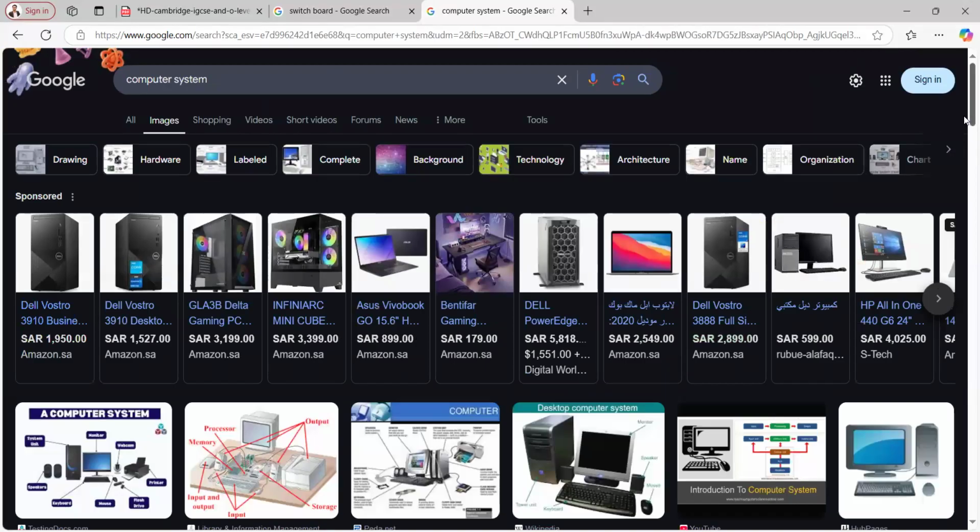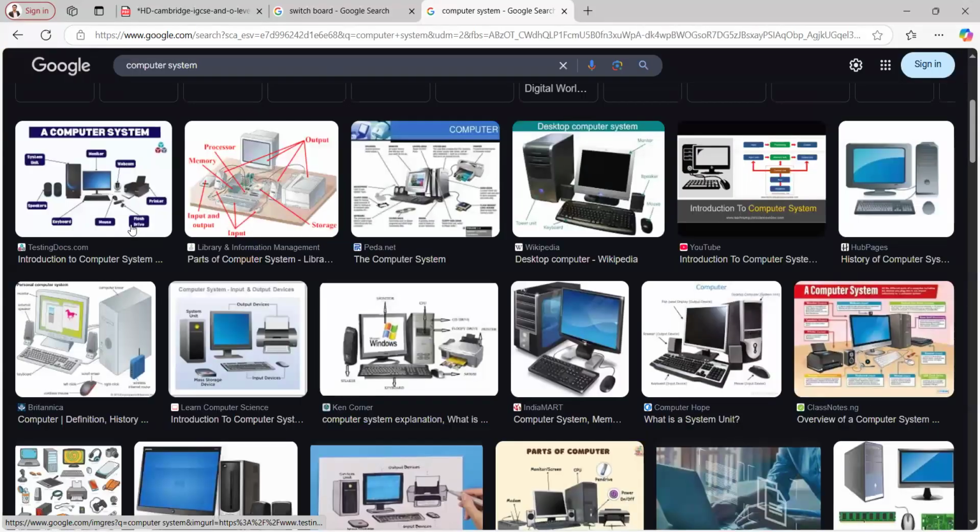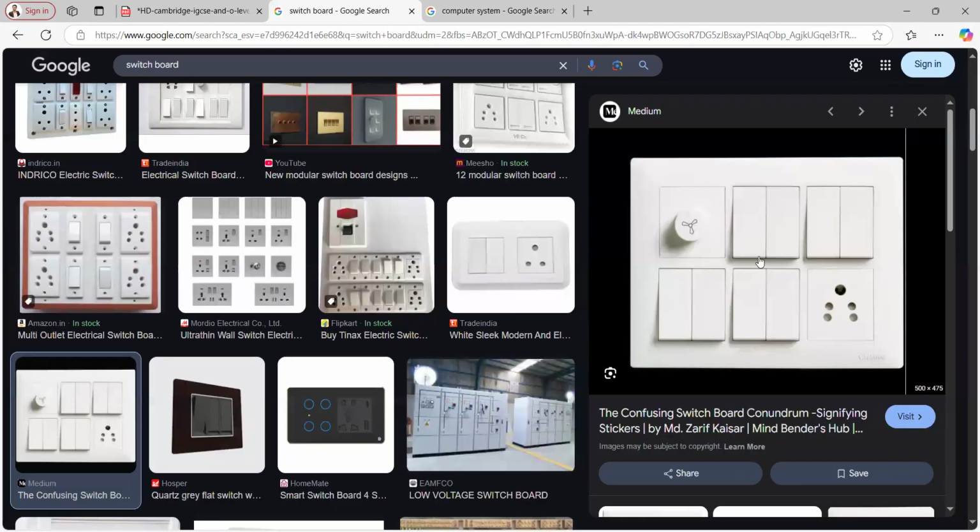So you can say that these computer systems, or even laptops, are basically examples of electronic systems, right? And this switchboard is also an example of an electronic switch system.